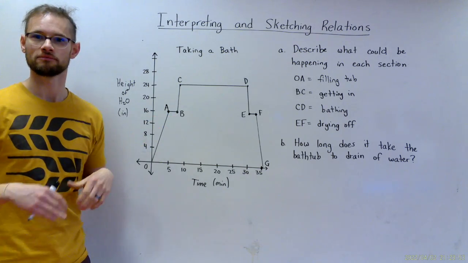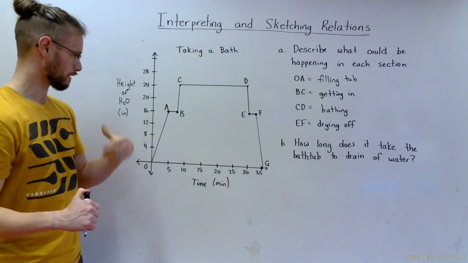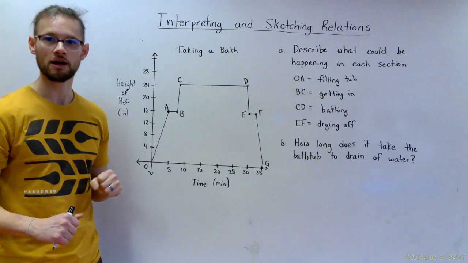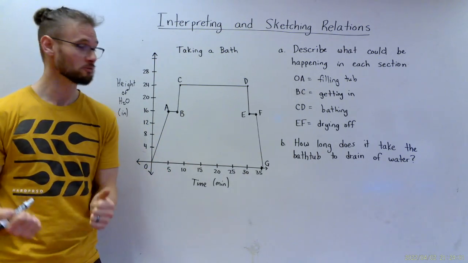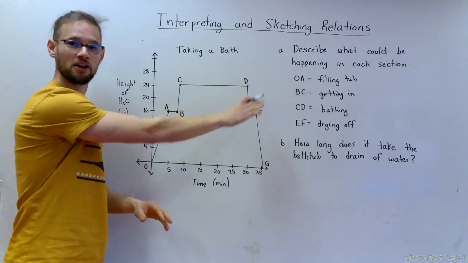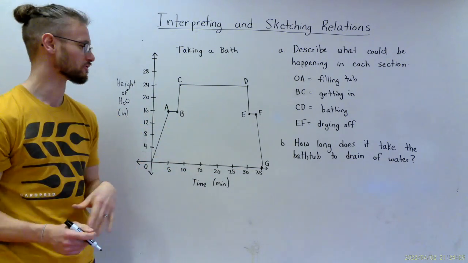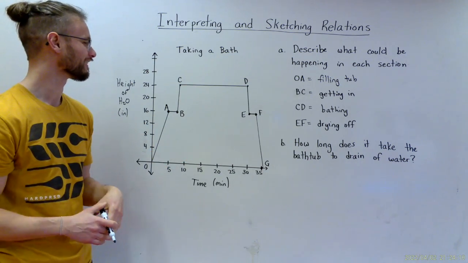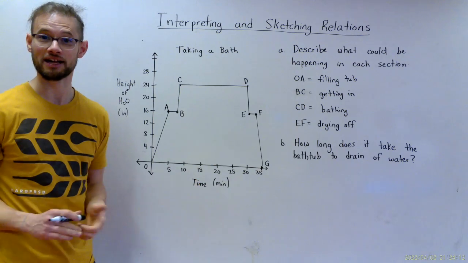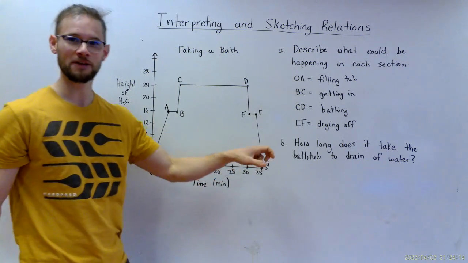A to B, Dad relaxes. Okay? B to C, Mom gets in the tub. And I was like, well, I guess that's true. That can work. Don't need to read any other things that are happening. 2 out of 2. So as long as you can justify each section of the graph, then I think that's reasonable. Good critical thinking.